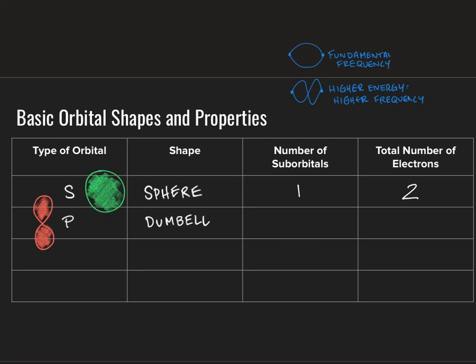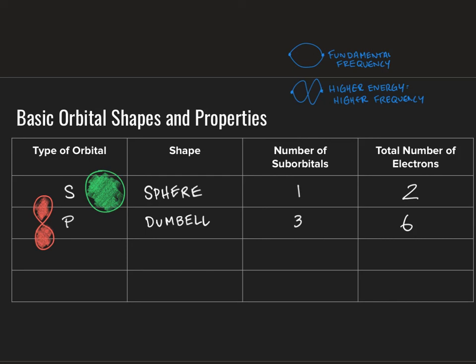Now those dumbbells can be oriented along the x, y, or z axes, which gives us a total of 3 different suborbitals, one along each of those axes. And again, each suborbital holds 2 electrons, which means a p orbital at a given energy level can hold a total of 6 electrons. And just like those standing waves on a string, at higher and higher frequencies, we see more and more complicated wave shapes.